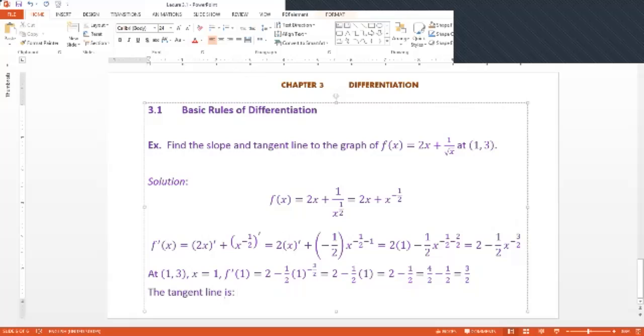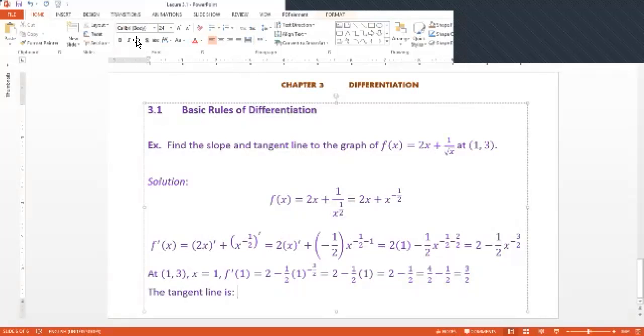The point slope form is y minus y1 equals m times x minus x1, where m is 3/2 the slope, and x1 is 1, y1 is 3.